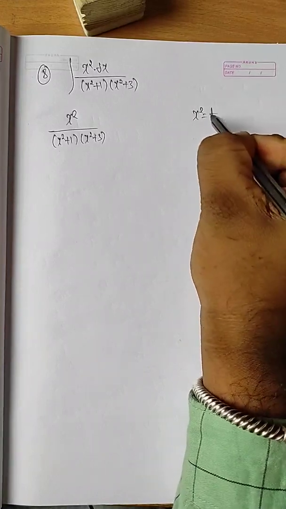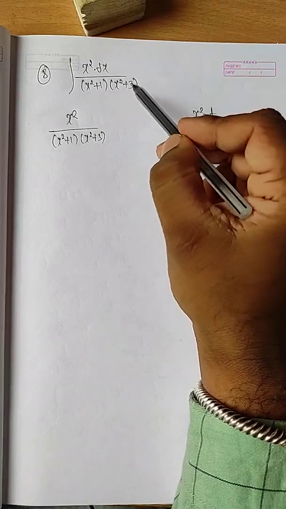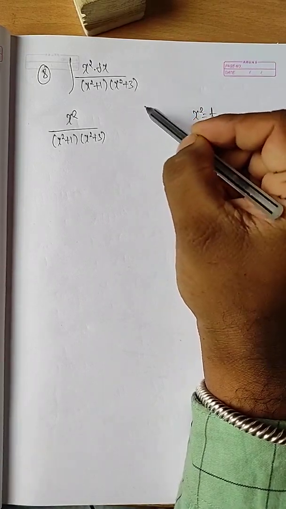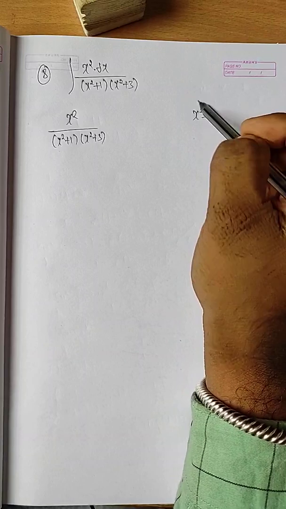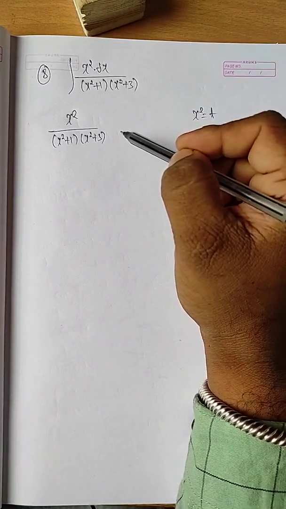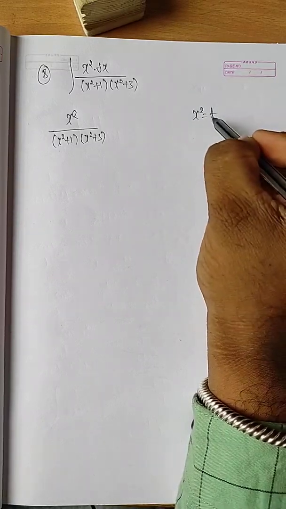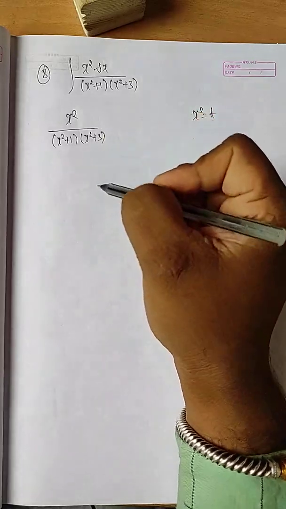In the last problem we substituted x square is equal to t inside the integration, but in this problem we substitute x square as t outside the integration. Means after simplifying and integrating, we again substitute t as x square. You will understand that later, okay?